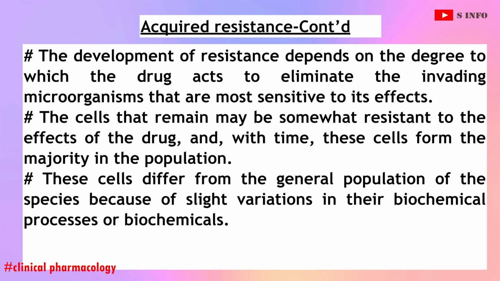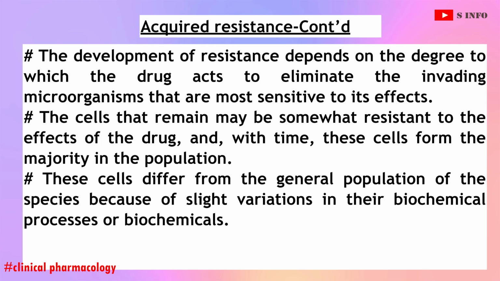The development of resistance depends on the degree to which the drug acts to eliminate the invading microorganisms that are most sensitive to its effect. The cells that remain may be somewhat resistant to the effect of the drug, and with time, these cells form the majority in the population.